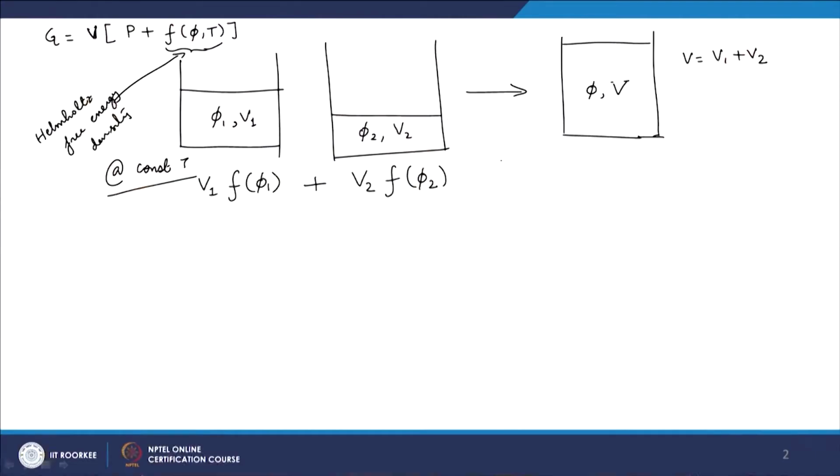The sum of these two states, the free energies, are V1 f(phi1) plus V2 f(phi2). If this is higher than V f(phi), or on the other hand, if the final state free energy V f(phi) is less than the sum of the previous states, then the mixing will occur.